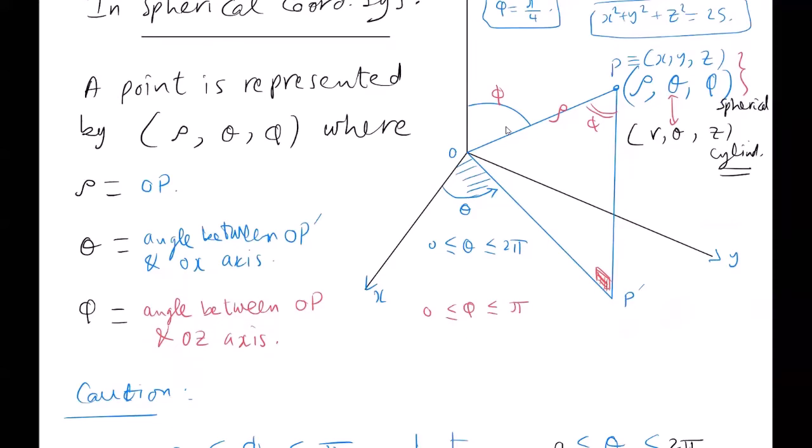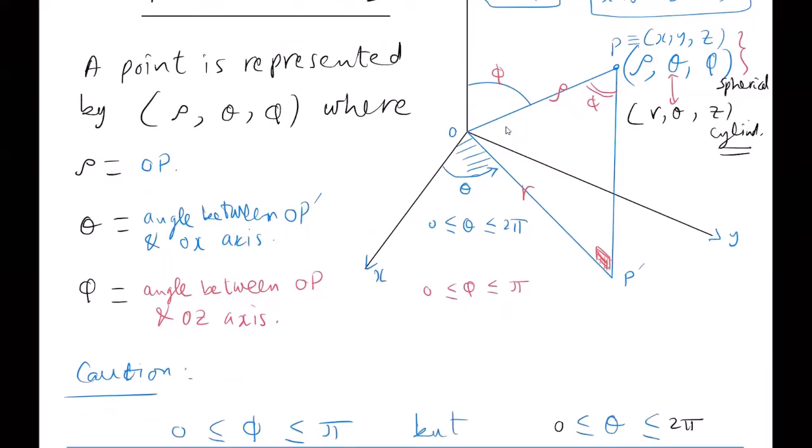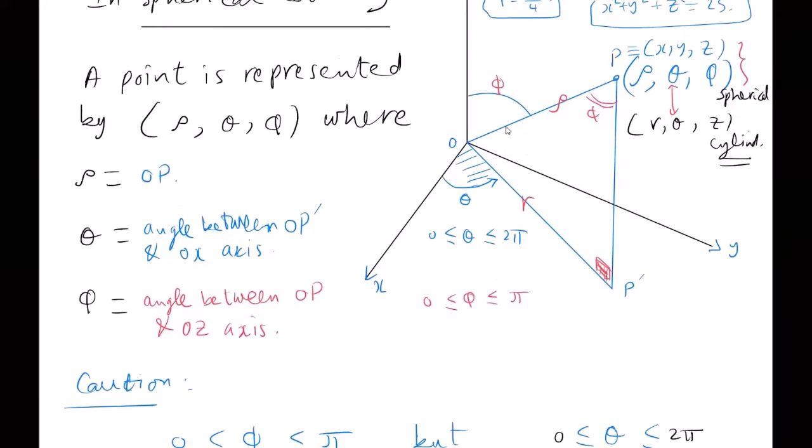And therefore, this is rho. Sorry, this is not rho, this is r, as usual. R is the distance from O to P prime, which is related to x and y with the usual relations from polar and cylindrical coordinates: x equals r cosine theta and y equals r sine theta. We will write this soon. And this is z.